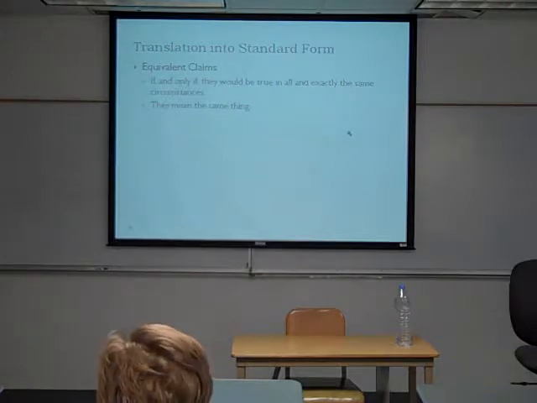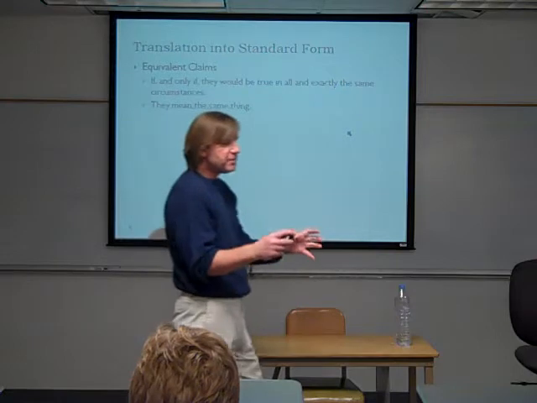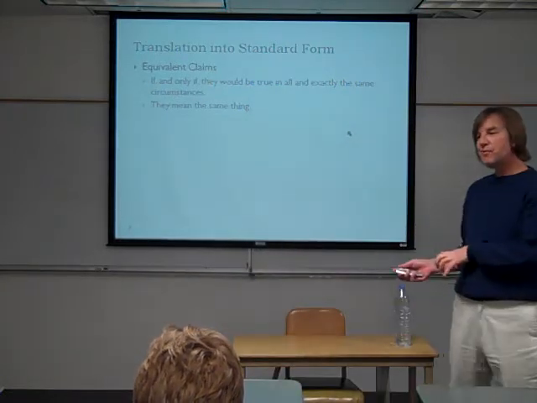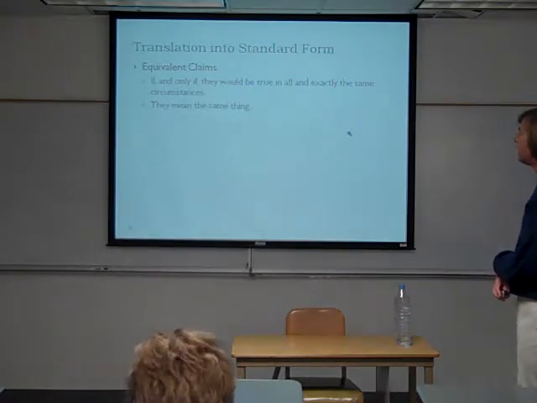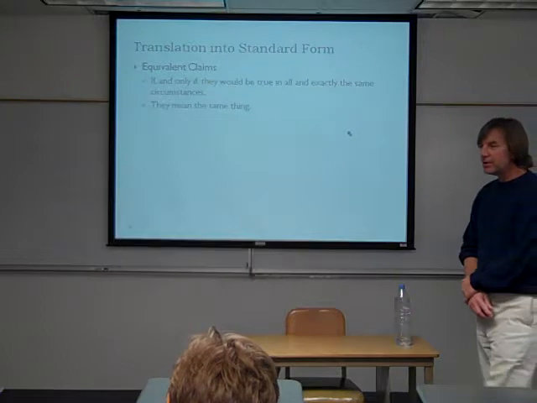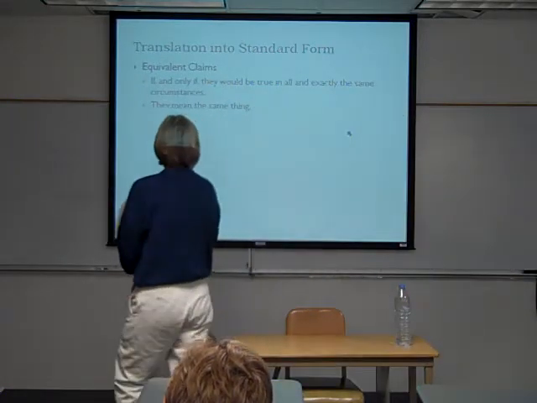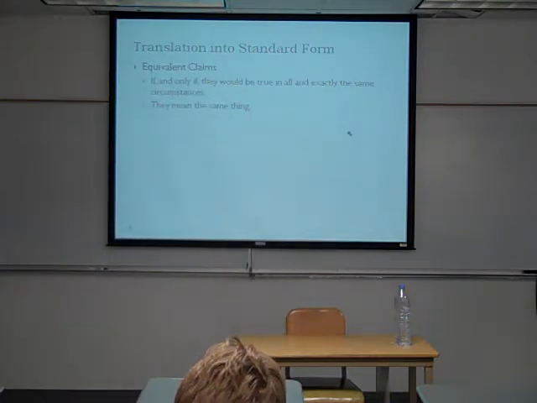So the key is going to be being able to take arguments from ordinary language and translate them into the standard form of categorical arguments. And as I mentioned, claims are going to be equivalent if and only if they would be true in all and exactly the same circumstances.